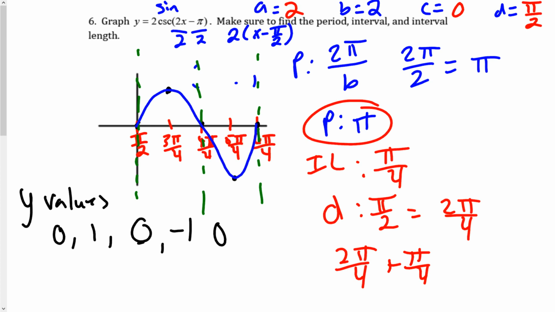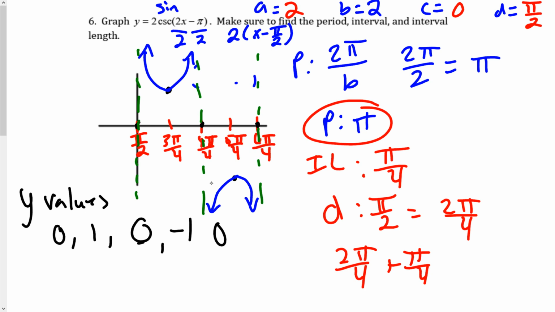Now we want to do cosecant, so we're going to make this hill into a valley, and this valley over here into a hill. I'm just going to invert it. And there's my graph. So that's one period length. It goes on forever to the right and forever to the left, repeating this pattern. Okay, so there is your graph.